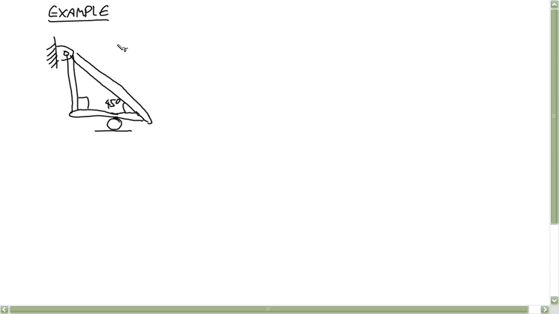And each of these length, oh no, this length is 1 meter. Those are all pin joints? Yes. And let's put the coordinate system here.